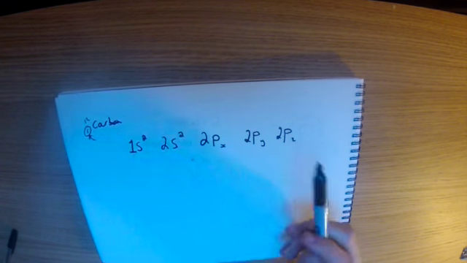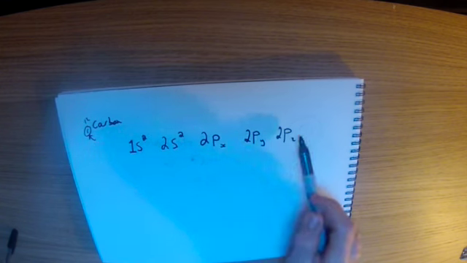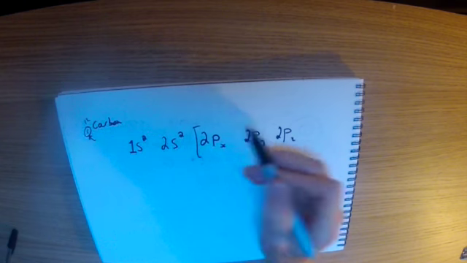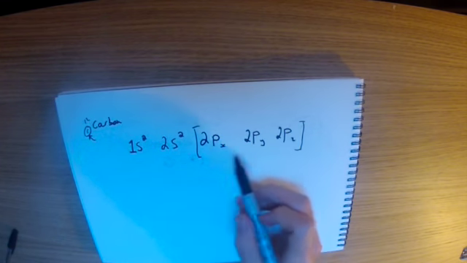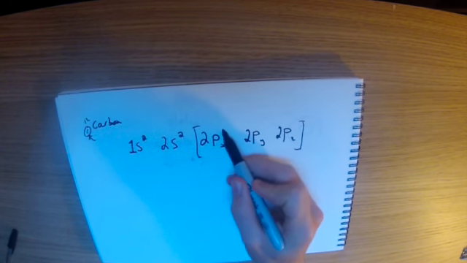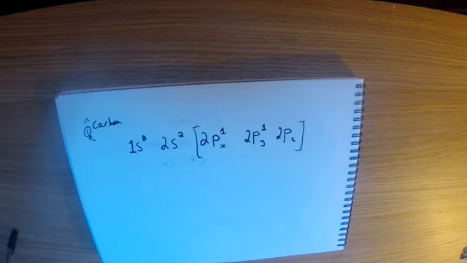Common thinking would be that 2 electrons would go here, and then they would leave these 2 orbitals empty. But in actual fact, within this subshell, you fill each orbital once before you make the pair. So it would be 1, 1. And this is the electron configuration of carbon.